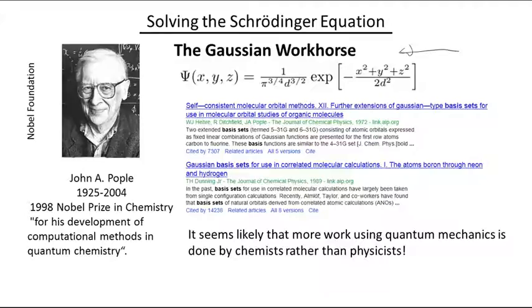But secondly, they are a tremendously powerful influence in theoretical chemistry, that is, the calculation of molecular structure. And this man, John Pople, was awarded the Nobel Prize in Chemistry primarily for developing Gaussian-based techniques for the calculation of structure of complex molecules.